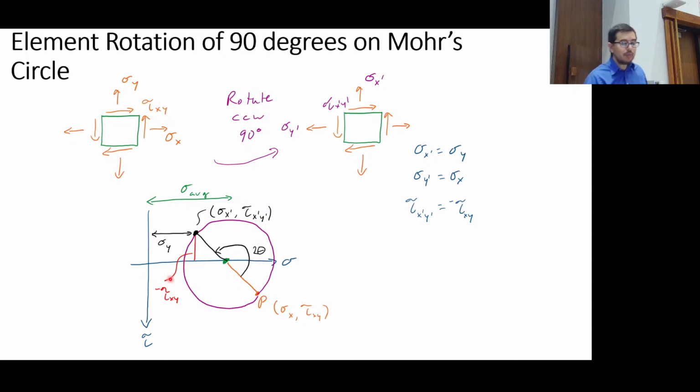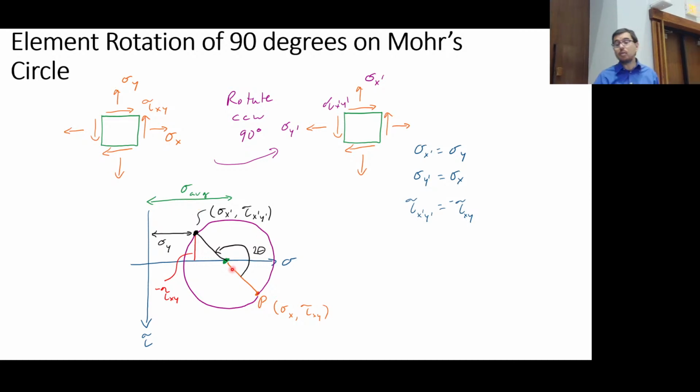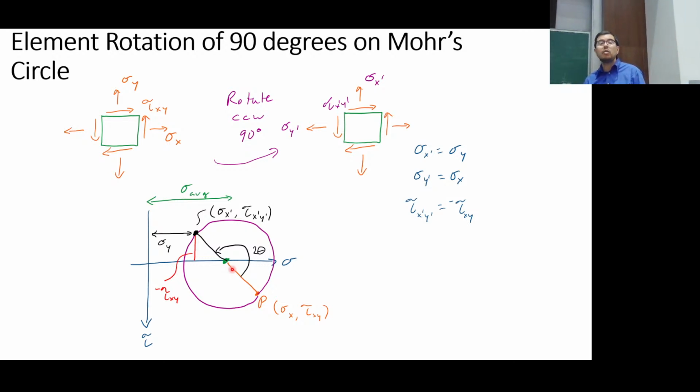So again, just justifying this 180 degree line and how you can write. I said P is this, but there's no reason why you can't write sigma y comma minus tau xy to get started. Like if the question was saying, hey, I don't know if this is the greatest question, but I know where the center of Mohr's circle is. I know that I have a sigma y equal to this, and I know I have a tau xy equal to this.